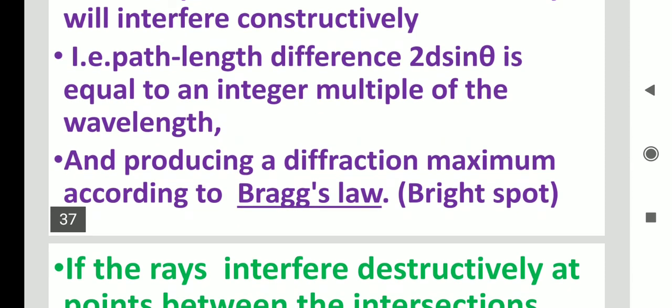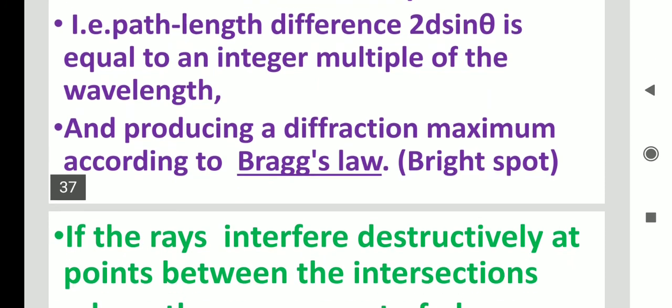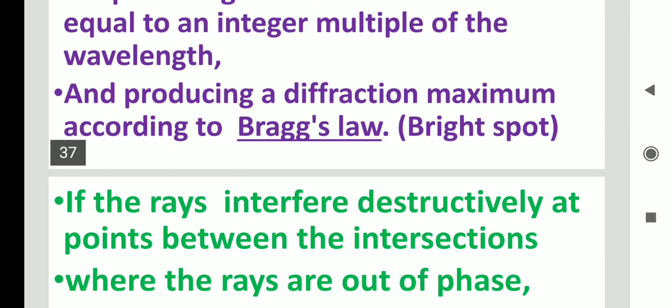Maximum diffraction means a bright spot, as per Bragg's law.